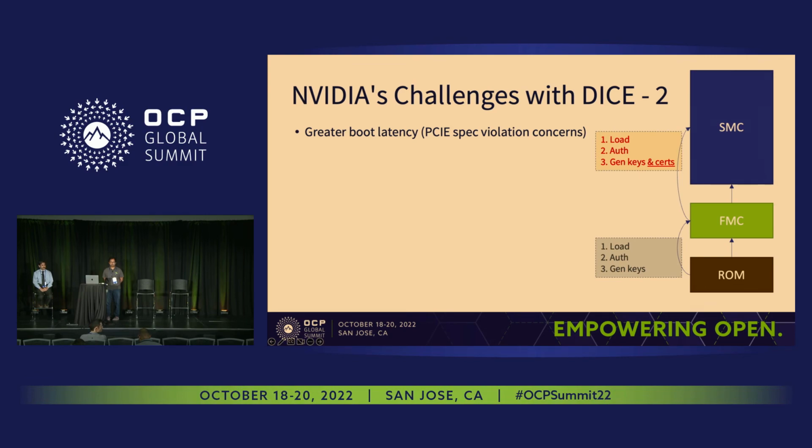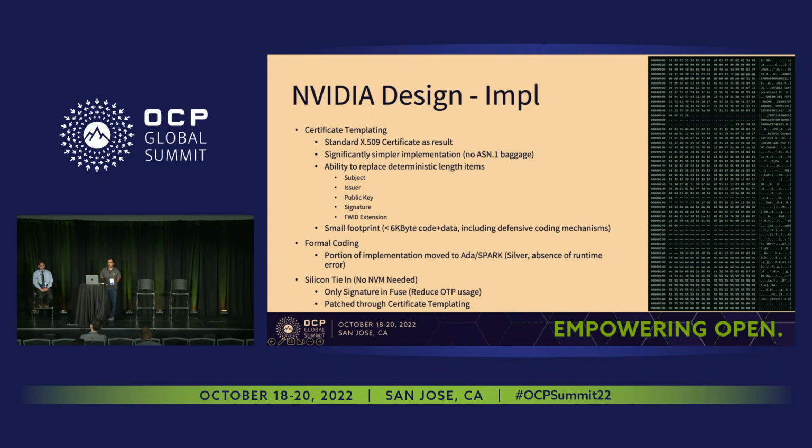Can you go back to the certificate template? So I noticed the serial number is not in here. How do you derive the serial number? Wonderful question. Let me first list some of the other fields that are not shown in the slide. There's serial number, there's authority key identifier, there's subject key identifier.